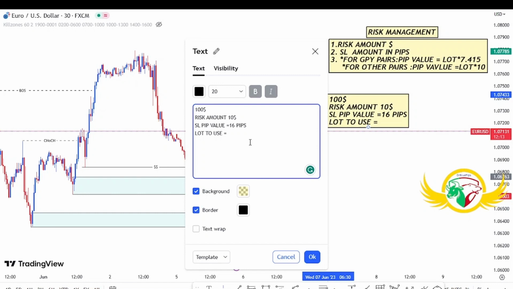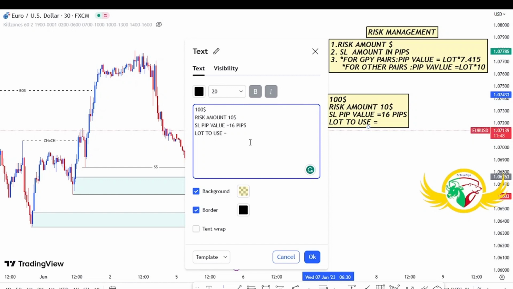This is the problem, because you don't know how much you are risking. So you are risking your whole account. Before you take any trade, you have to know how much you are willing to lose on this account.